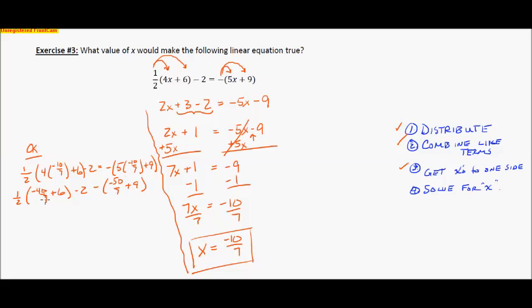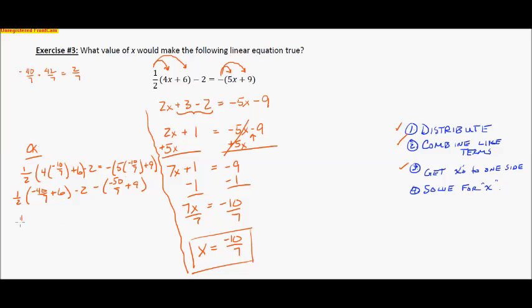All right, now this is a little more complicated. I'm going to be adding some fractions here. So I'm going to go up to the top and get myself a common denominator. Common denominator is going to be 7 here, so that's going to be 42 over 7. Negative 40 plus 42 is going to be 2 over 7.